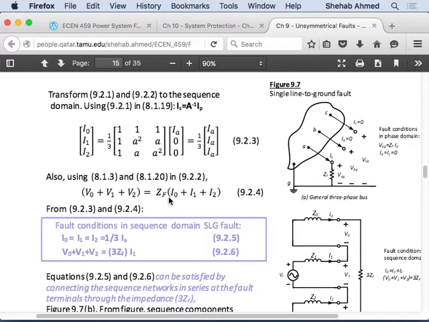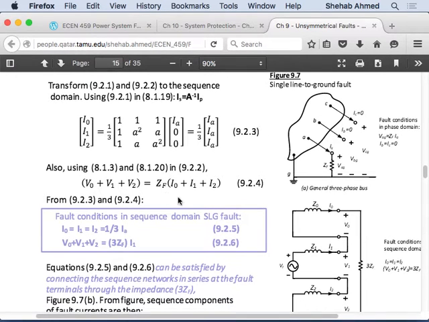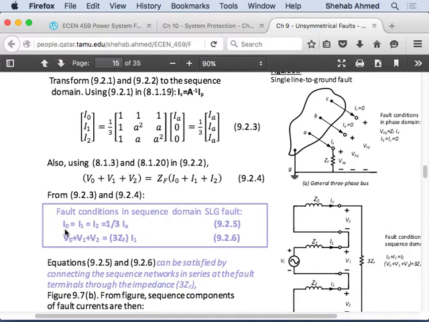This was the sequence representation of the phase A voltage, equal to the sequence representation of the phase A current multiplied by ZF. We substituted with what we know about the sequence currents. When you convert IA, 0, 0 to sequence quantities, we end up with 1/3 IA, 1/3 IA, 1/3 IA. So we substituted 1/3 IA for each of these, and we ended up with two conditions.